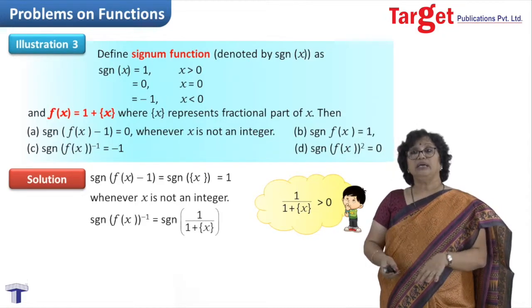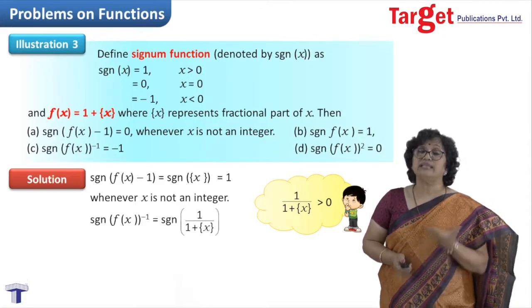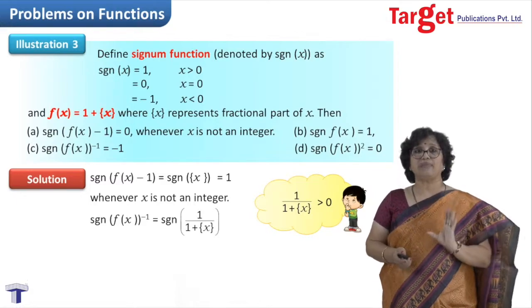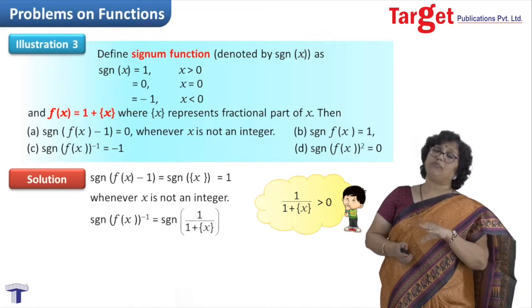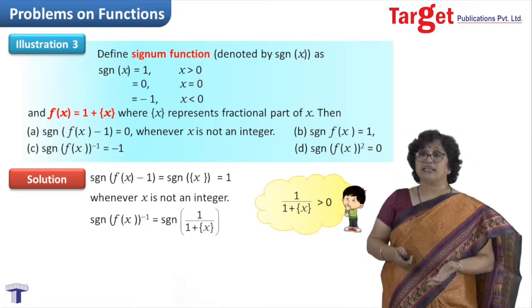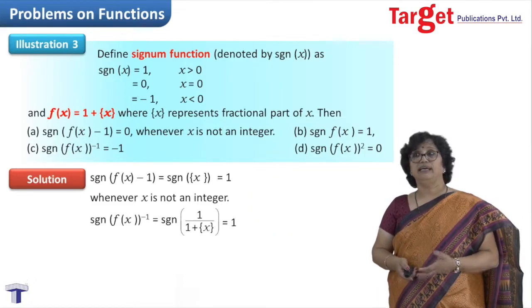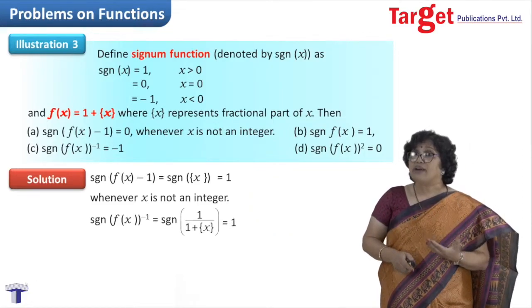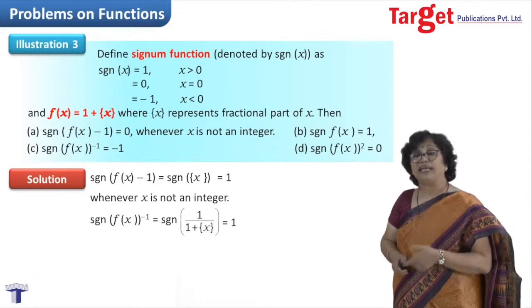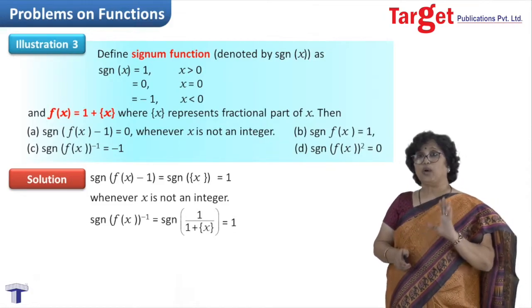That is good enough, because I had to apply the Signum function, and for the Signum function, whether the quantity is positive or negative is what matters. So when I apply Signum on it, the answer must be 1. Correct? So Signum function on the reciprocal of f(x) is 1 and not minus 1. So option C is ruled out.